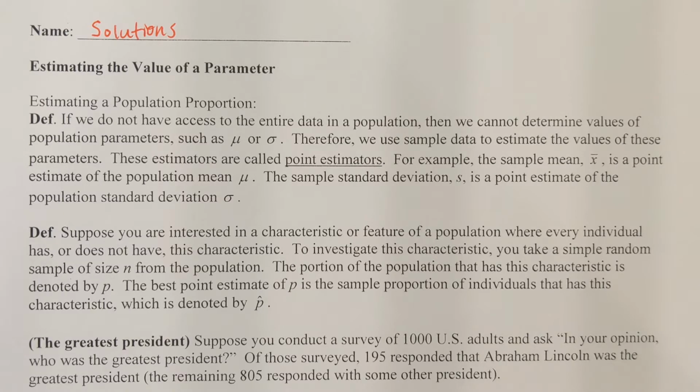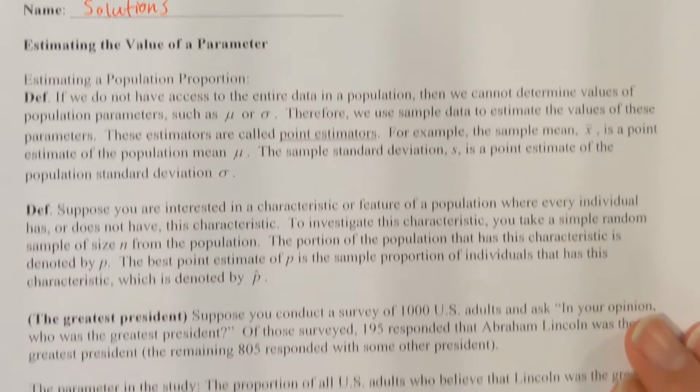The portion of the population that has this characteristic is denoted by p, and the best point estimate of p is the sample proportion of individuals that has this characteristic, which we're going to denote by p hat. Okay, and of course we've seen the symbol p before, right? With the binomial experiment, p represented the probability of a success.